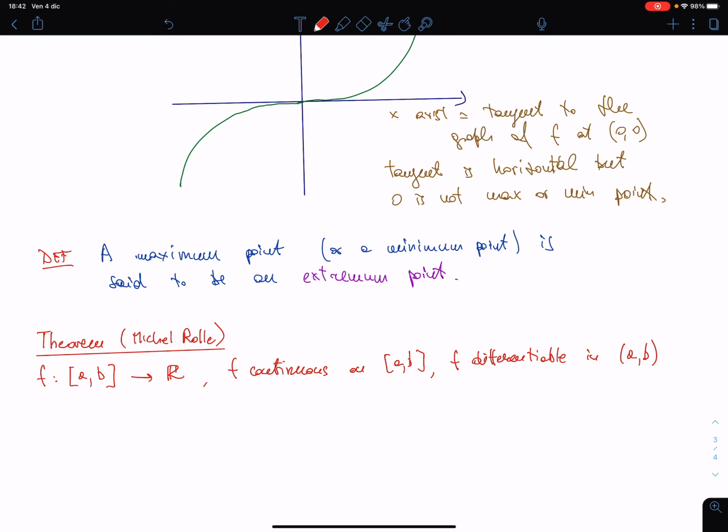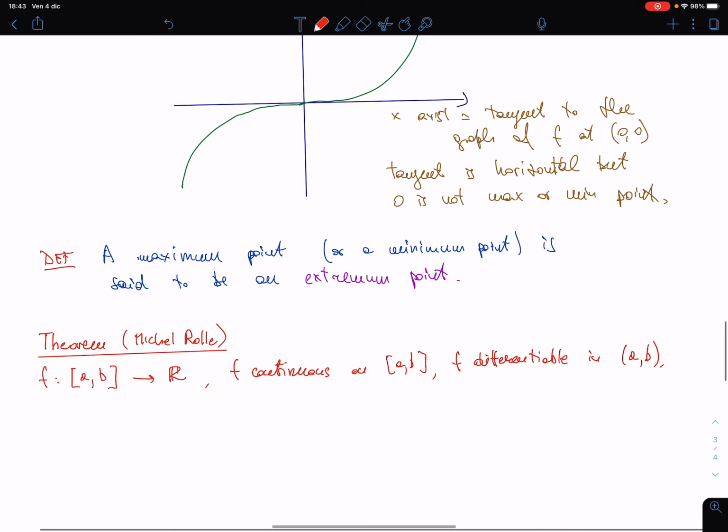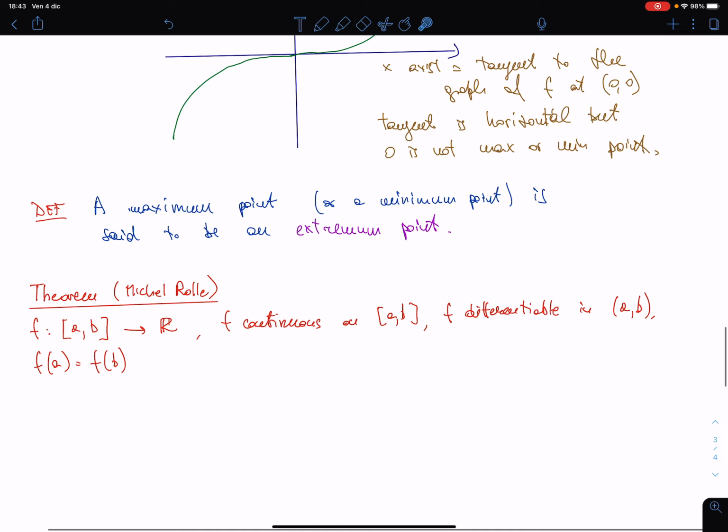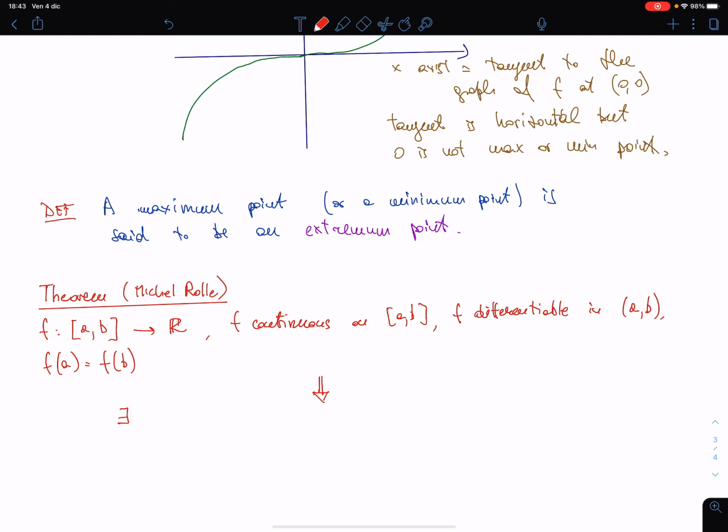And moreover, there is another hypothesis, which is that f(a) is equal to f(b). So at the extremes of the interval of definition, the function f takes the same value. Then the conclusion, the thesis of the theorem: there exists c in (a,b), open, such that f'(c) is equal to 0.